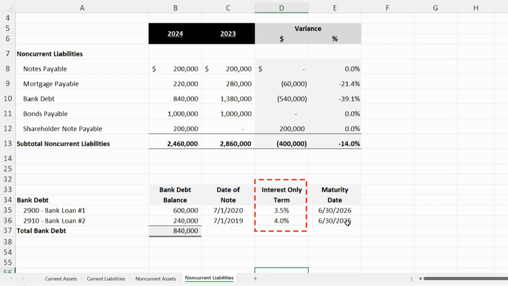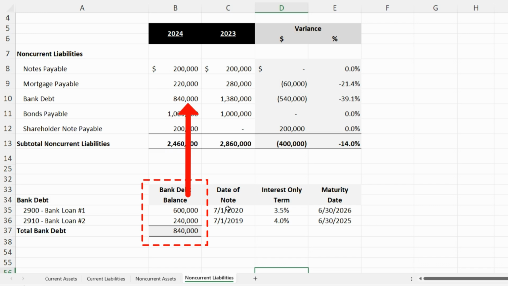These loans aren't due until 2025 and 2026. That's why I have them in non-current liabilities. And this is the balance that is owed as of 12/31/24. That will tie back into our non-current liabilities section for bank debt of $840,000.